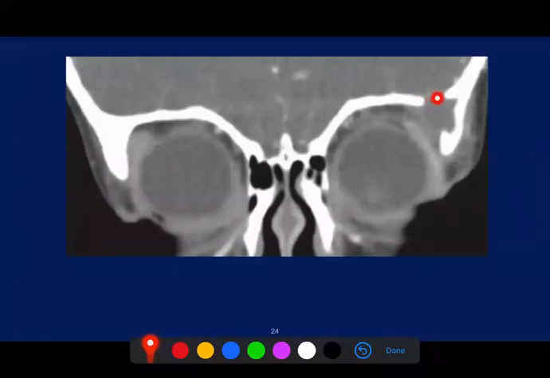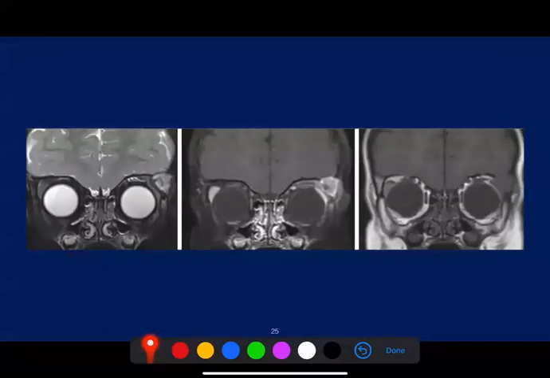It's really dangerous and hazardous as an oculoplastic surgeon to go in this area without knowing what's happening, because you need to be prepared and have neurosurgery on standby if needed. So you can see it's not connected to the brain.